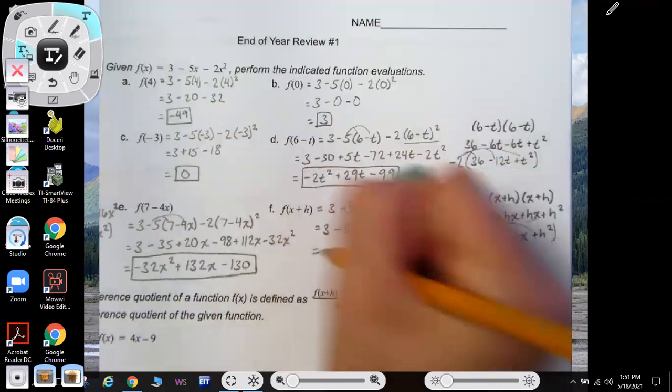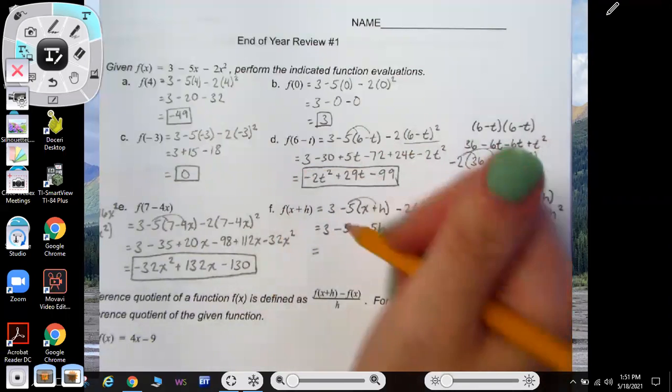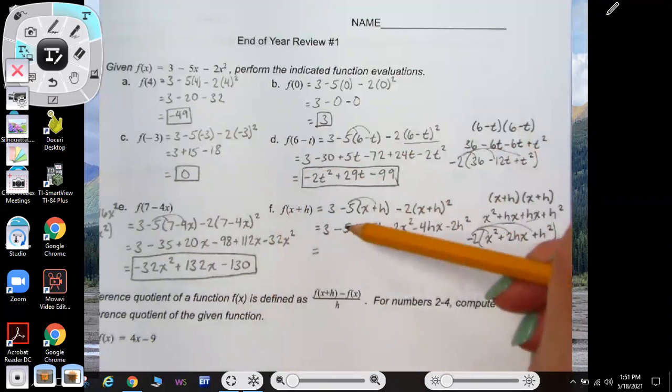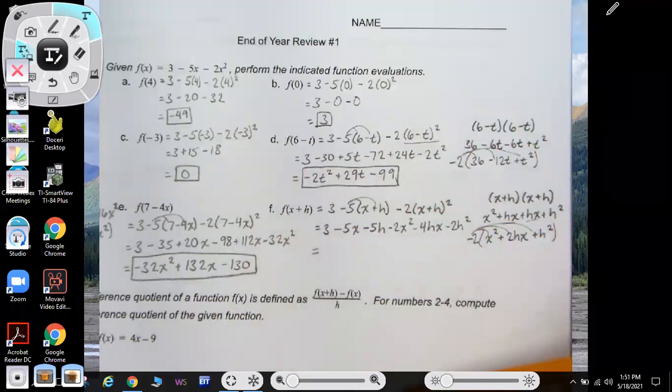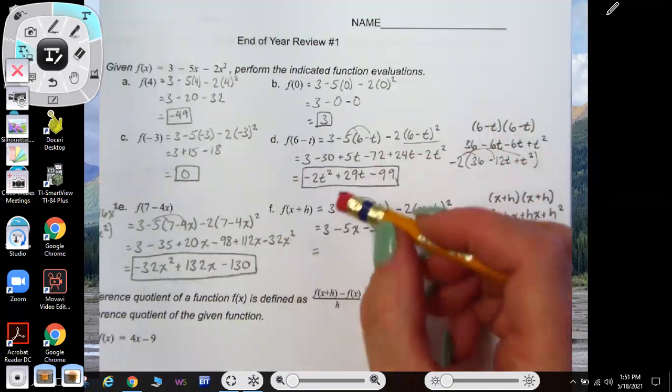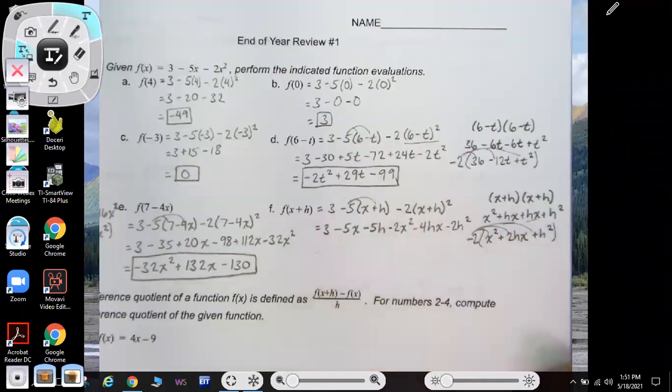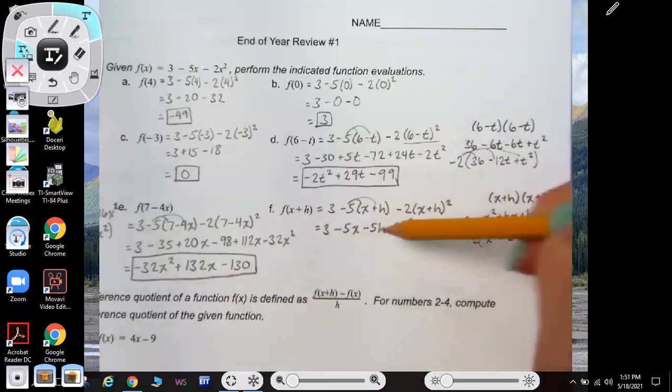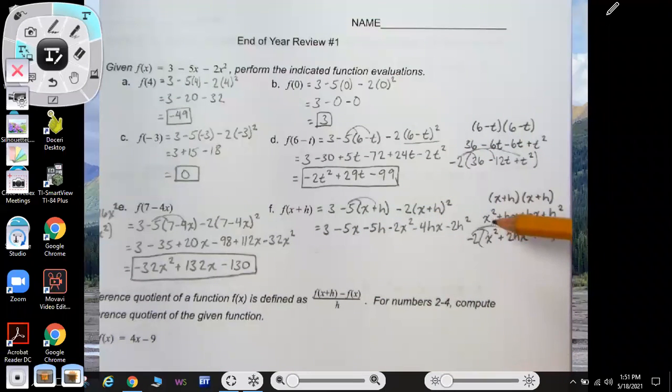Okay, so combine like terms. And because we have two variables in this, we're not going to try to write it in the correct order. And actually, there's not like terms to combine. Because for terms to be like terms, they have to have the same variables and the same exponents on those variables.